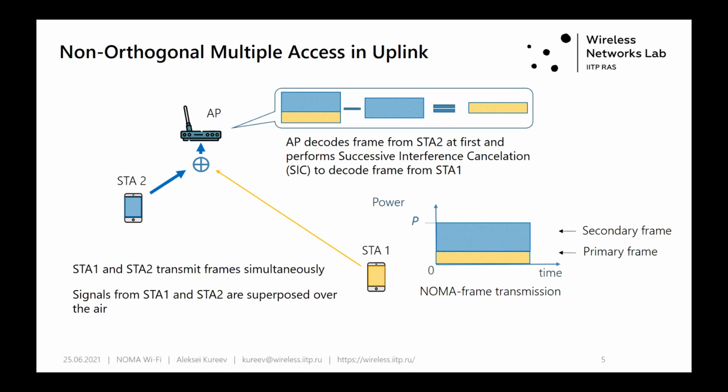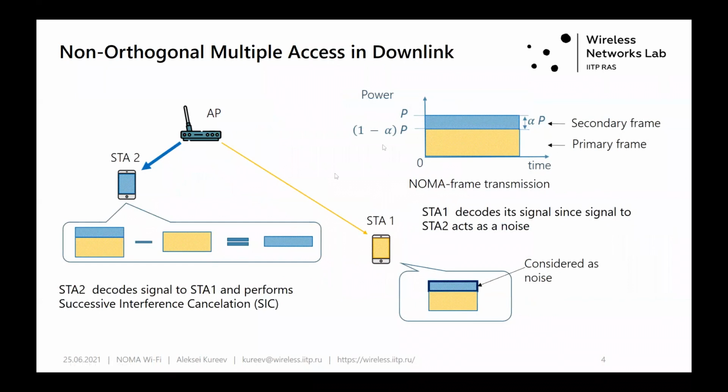Of course, it can be used in uplink too. If we consider uplink transmission, here the signal superposition occurs over the air because STA1 and STA2 just transmit their own signals. And the AP does successive interference cancellation to decode the frame from STA2 at first, and then the frame from STA1.